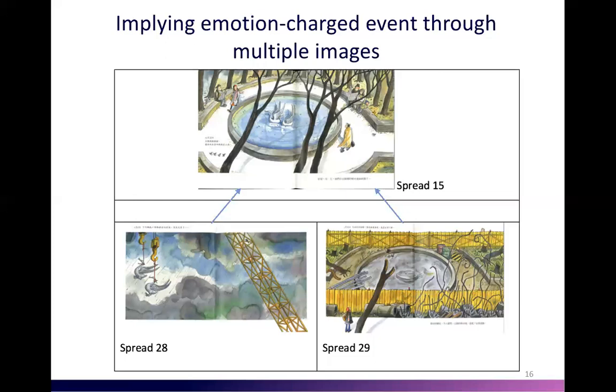In other words, if readers understand what the implied event is about through comparing these two spreads with the previous spread 15, then readers' emotional responses can be effectively evoked.